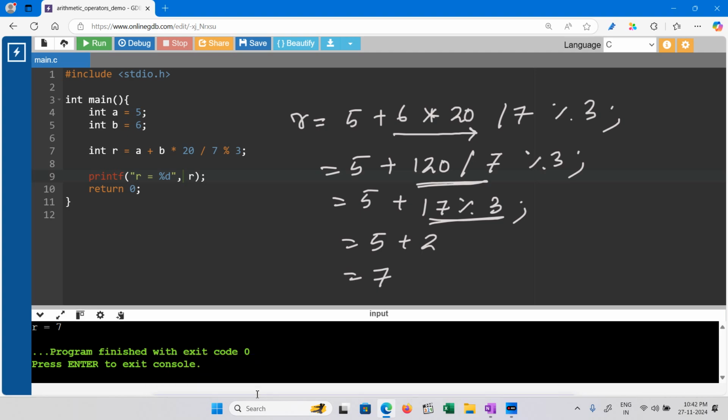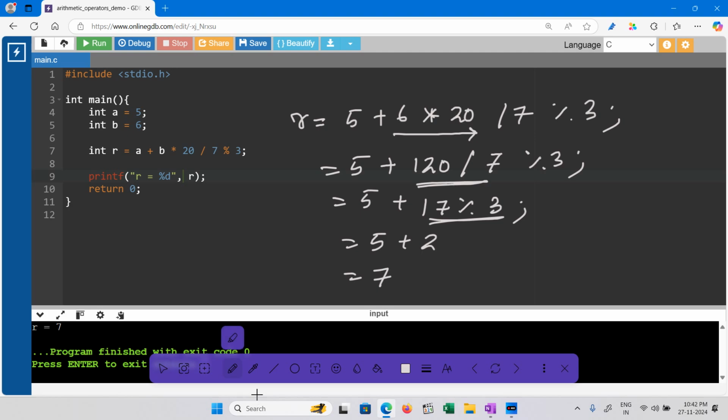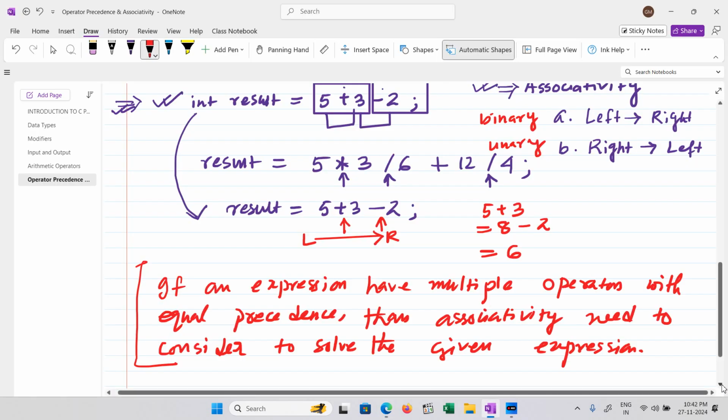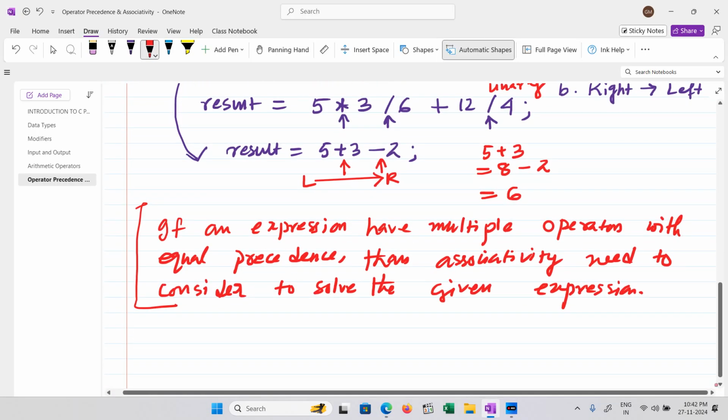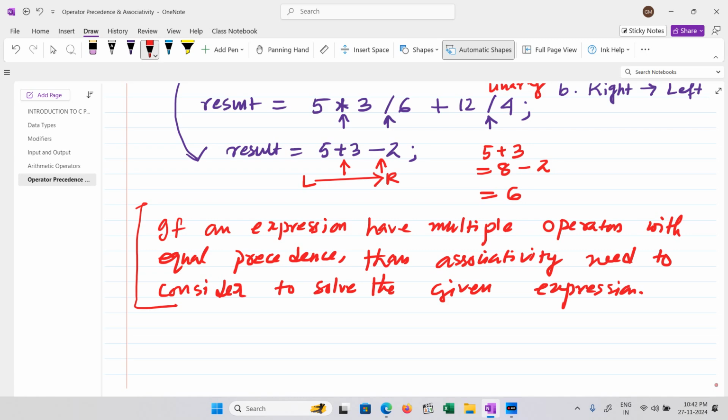Now we're going to introduce another concept. So let's go back here. Whatever the order of execution, it is followed as per the operator precedence table mainly. Whenever there is a tie, only then does associativity come into the scenario.